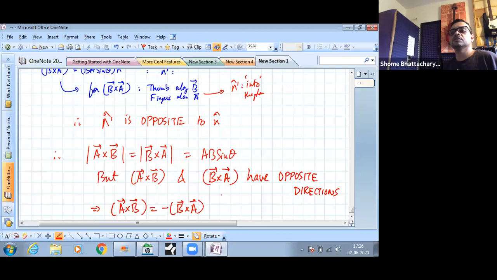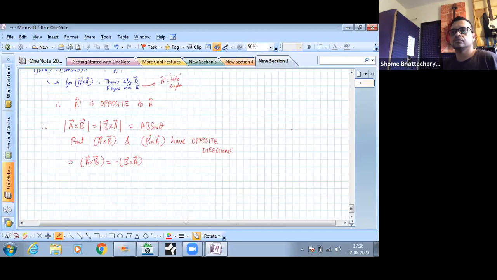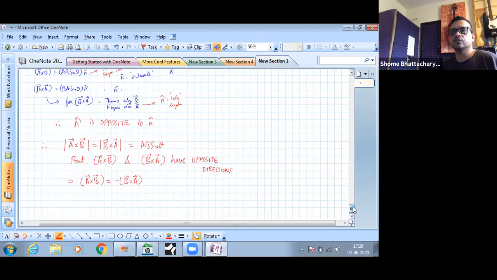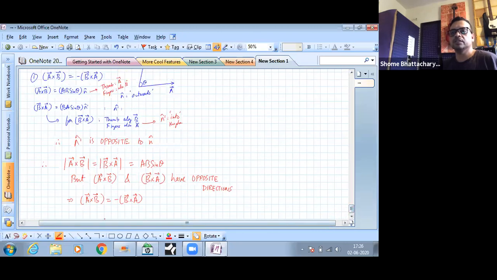Okay. So this becomes important to understand. Okay. So this is the first of the properties that we are studying, that A cross B is in fact not equal to B cross A, it is minus of B cross A. So it is what we call a non-commutative operation.